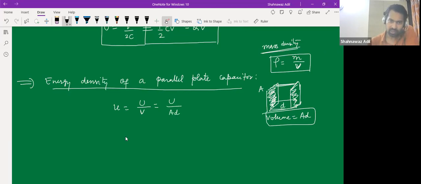Okay, and U we already know is half Q square, or let me write it as half CV square, right? And this is A into D. Clear? Now what is the capacitance of a parallel plate capacitor?